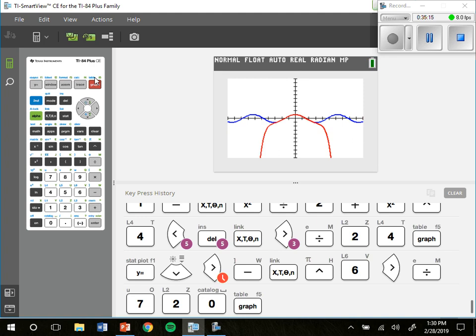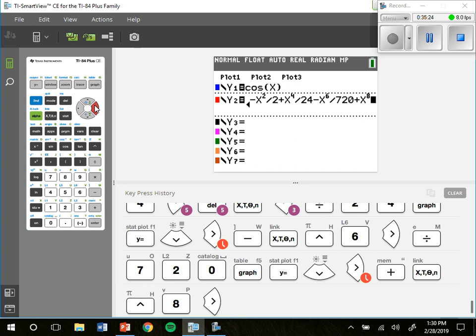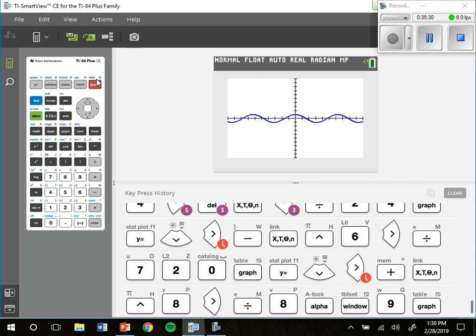And then one more, x to the 8th over 8 factorial. The more terms I go, the farther out it comes.